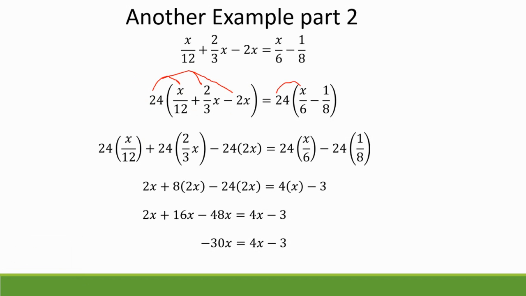And what ends up happening, as you can see here, is the denominators are going to cancel. 12 goes bye-bye, 24 turns into 2. 3's gone, 24 becomes 8.